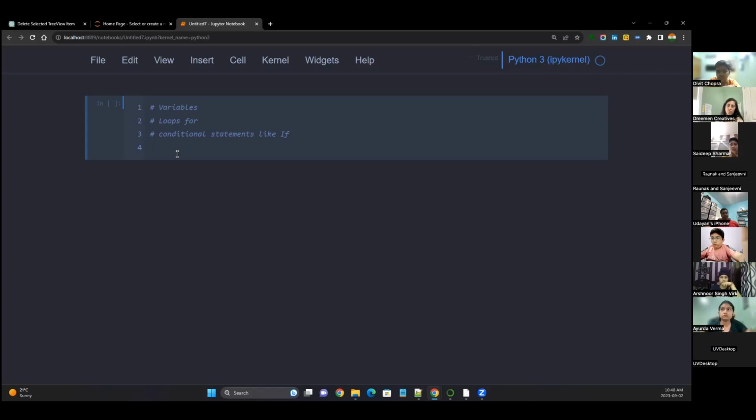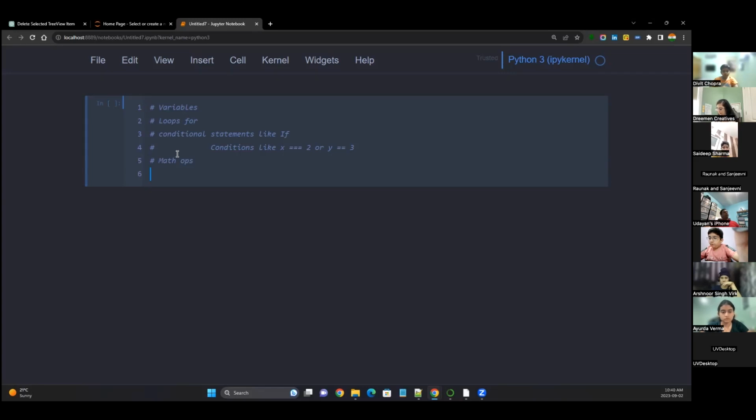And then we have these conditions, like x equal to 2 or y equal to 3. This much we did last time.